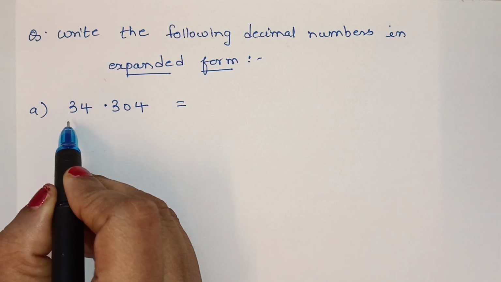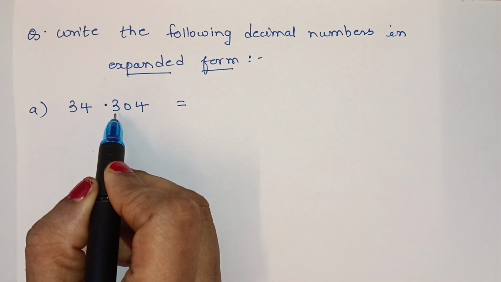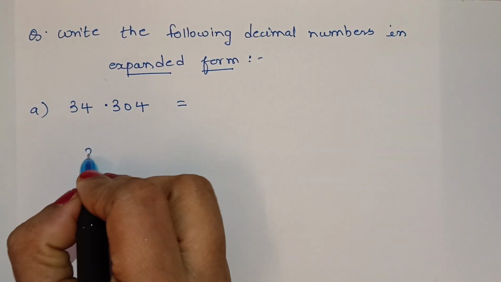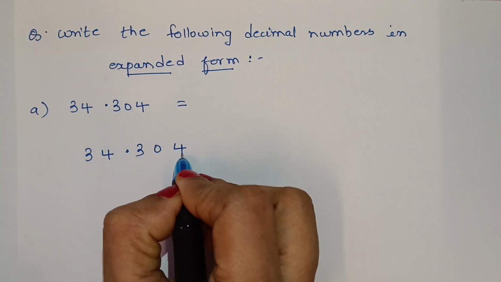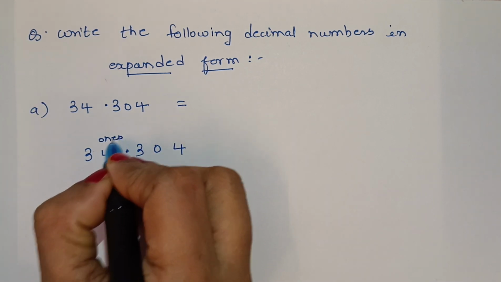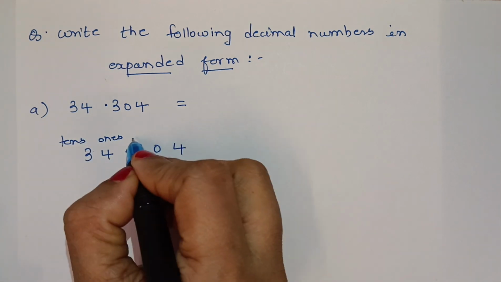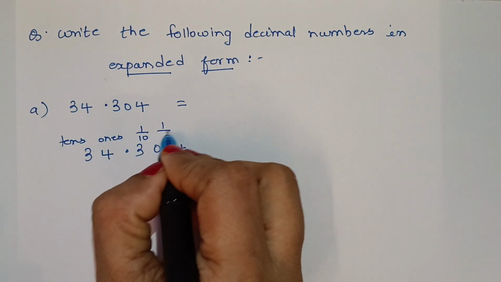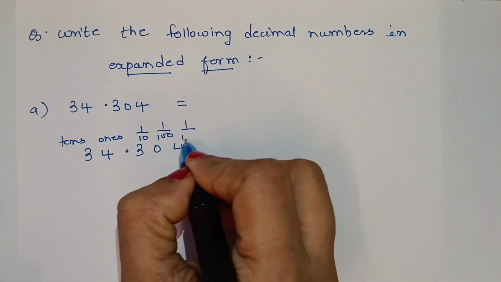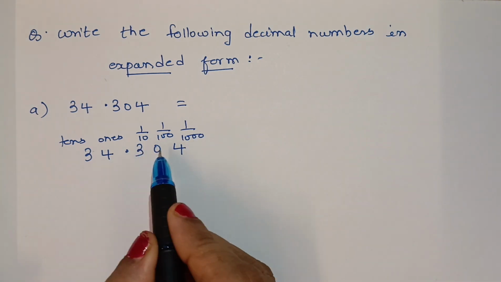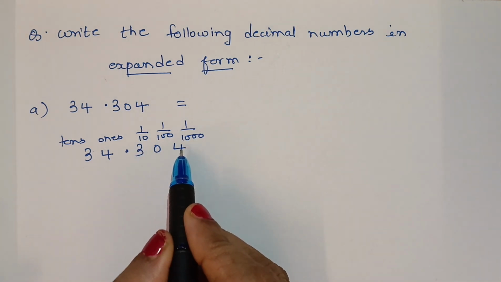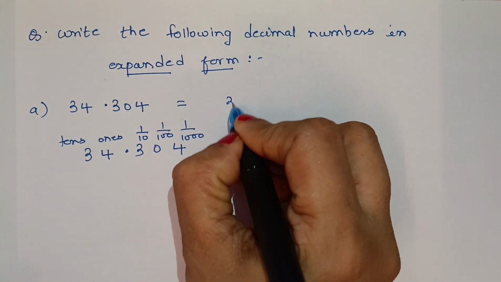It is read as thirty-four point three zero four. Now see this: this is ones, this is tens. This is 1 by 10th, 1 by 100, 1 by 1000. So how will you write?